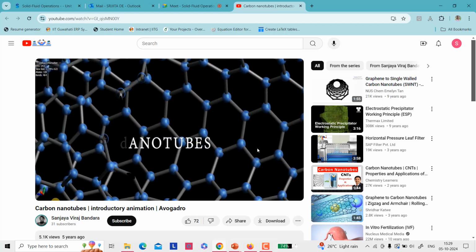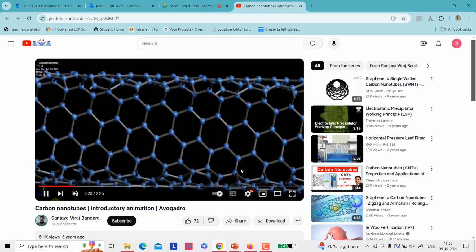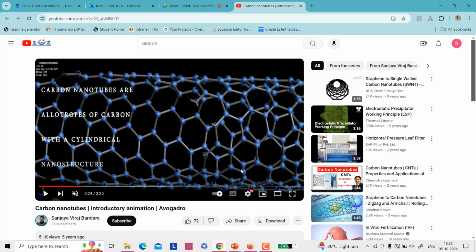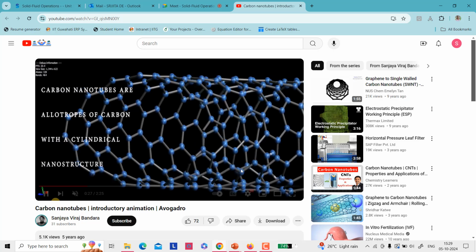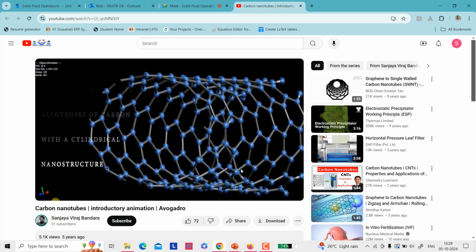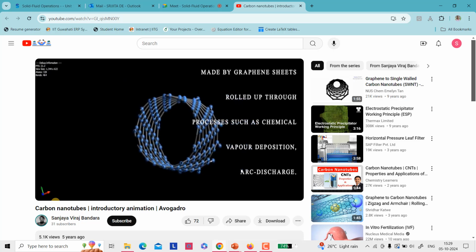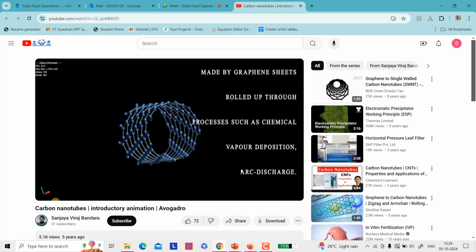Carbon nanotubes are allotropes of carbon with a cylindrical nanostructure. So you can see how they are forming a cylindrical structure made by graphene sheets rolled up through processes such as chemical vapor deposition or arc discharge. So graphene sheets roll to form carbon nanotubes.